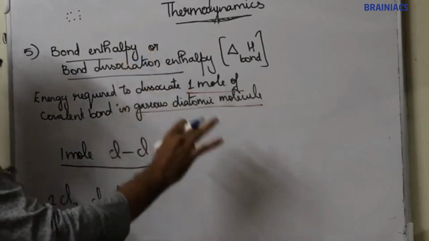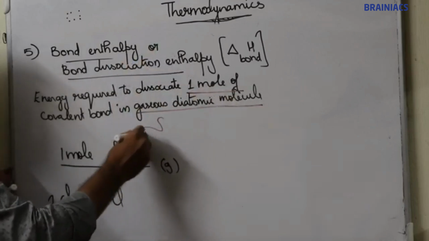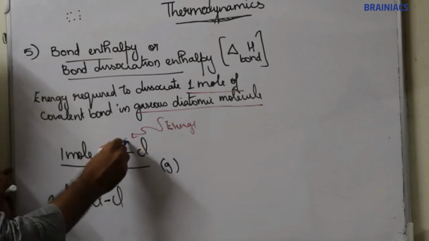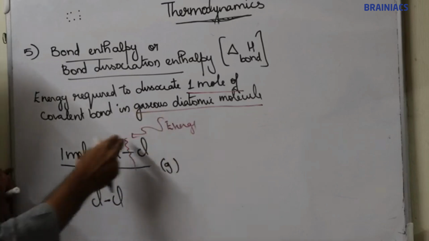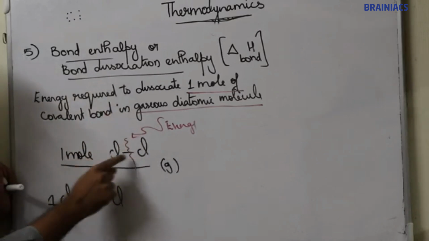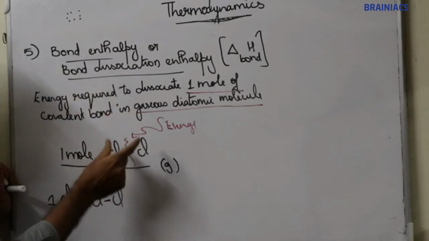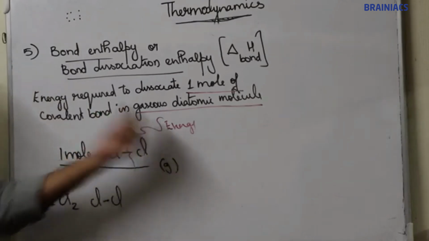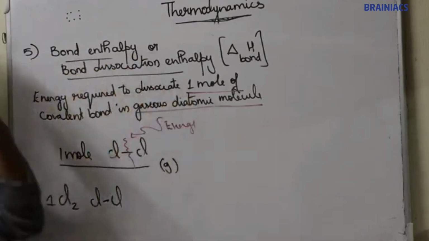So the energy required to break down 1 mole of covalent bond in a gaseous diatomic molecule is known as bond enthalpy or bond dissociation enthalpy.